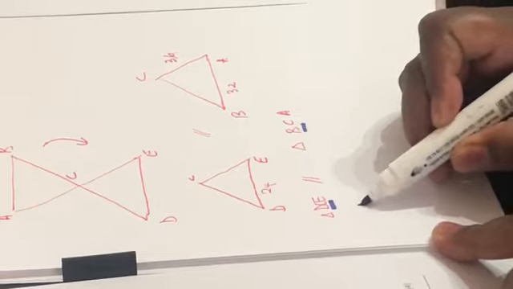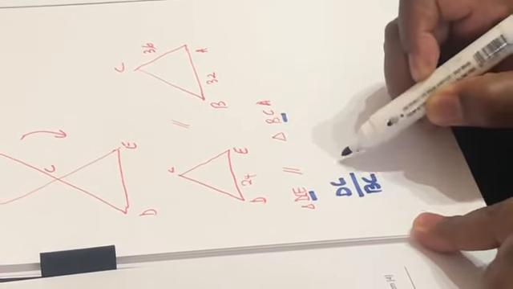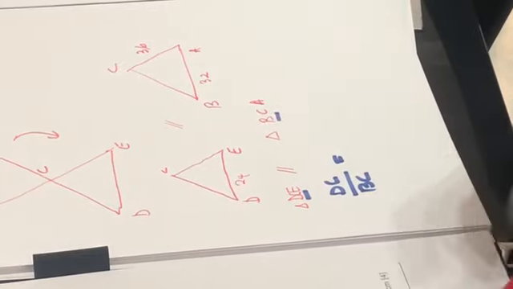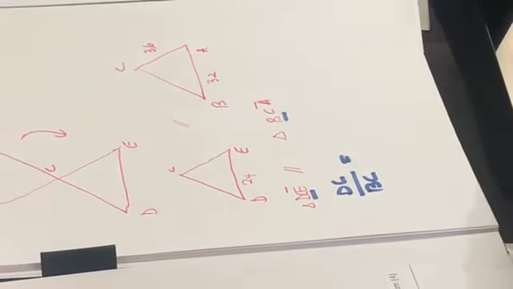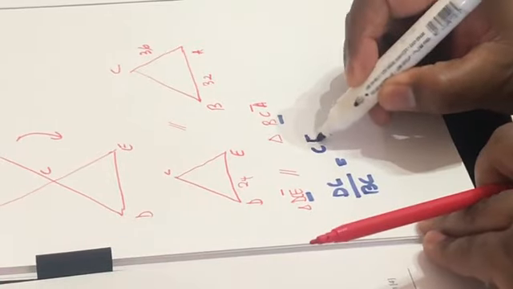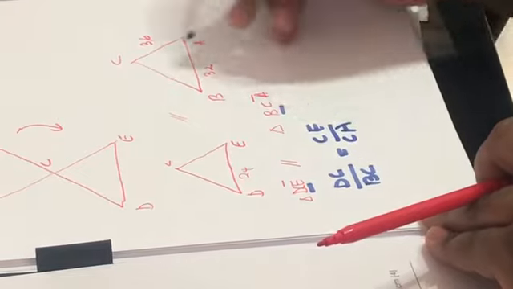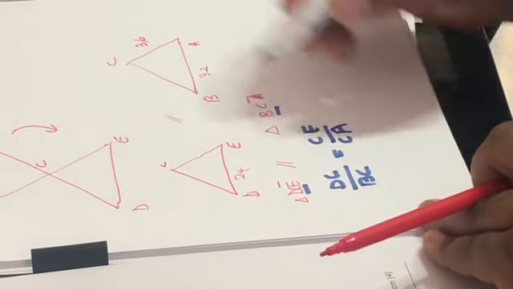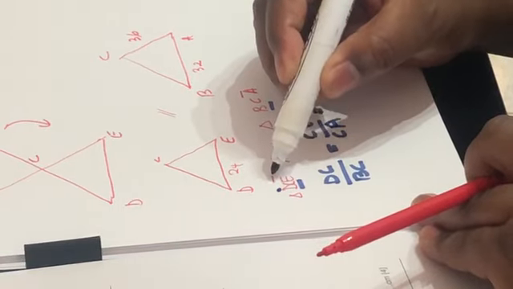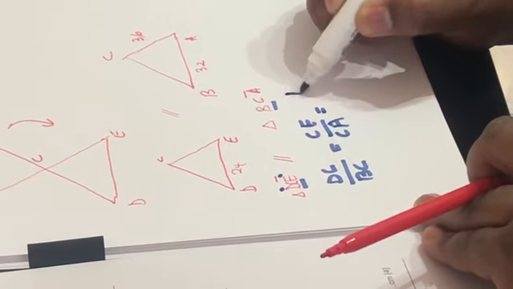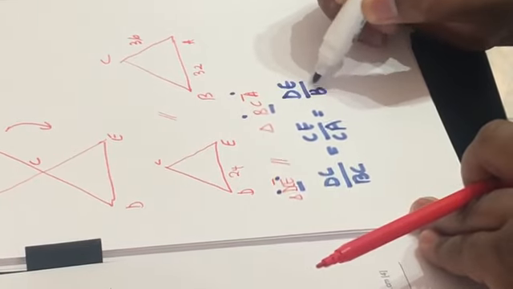So I'm going to have DC over BC is equal to, then I take the last two, right? So CE over CA. While you're here, you can already solve the question. I'm just bringing that extra point. Then you take the first and the last, that is side DE over BA.